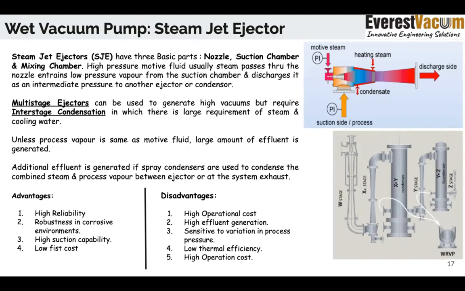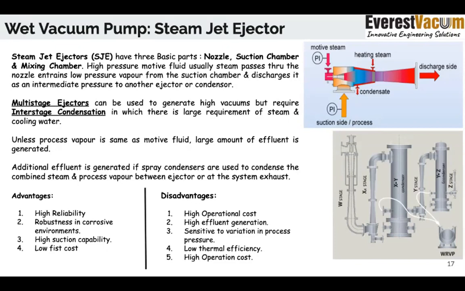Probably 20 years before, in the 1980s, 1990s, this was the technology to be, because this was economical, this was robust, steam was easily and cheaply available, and fuel was very low cost. But as mechanical pumps are advancing, this technology is fading out.